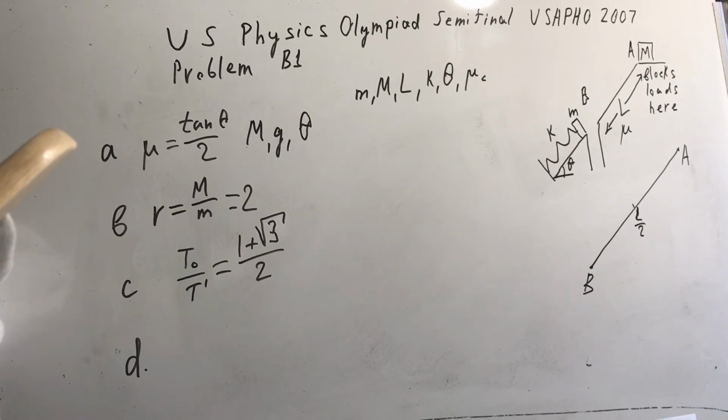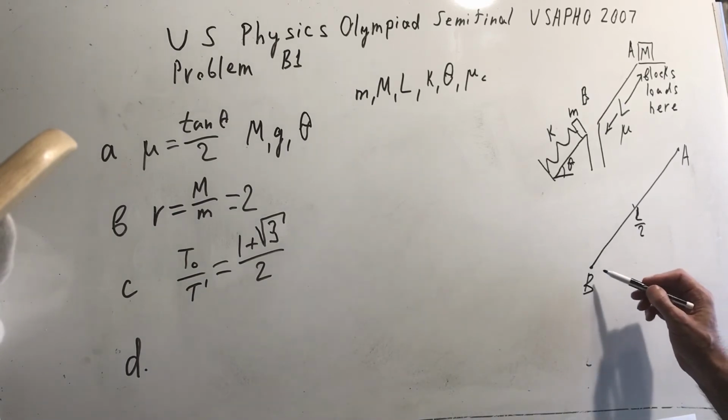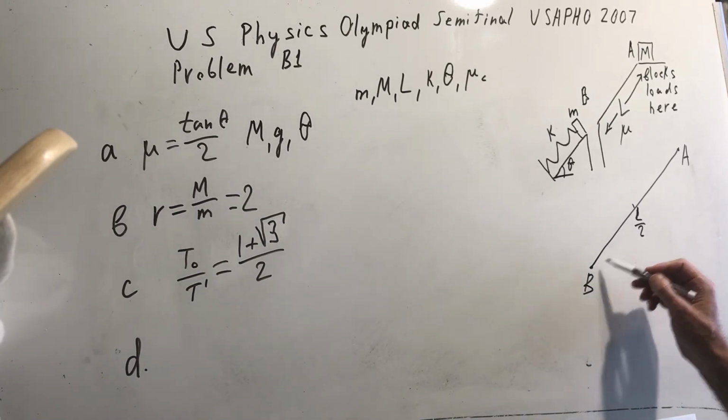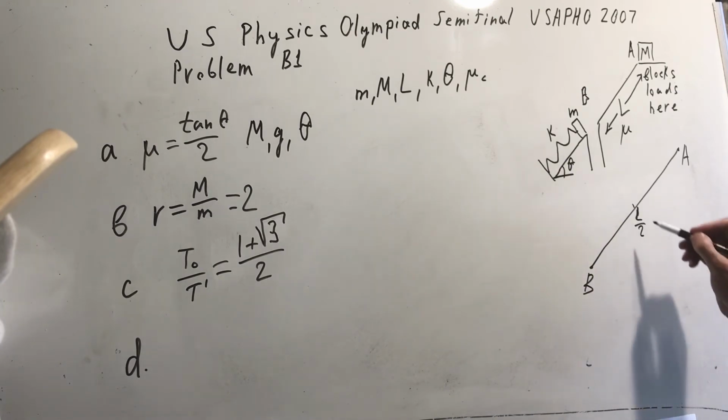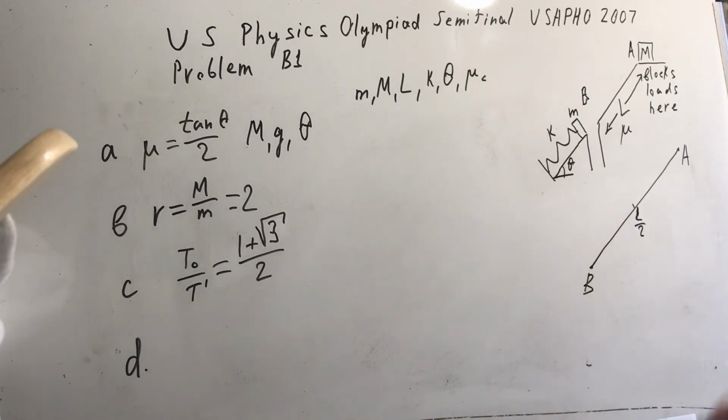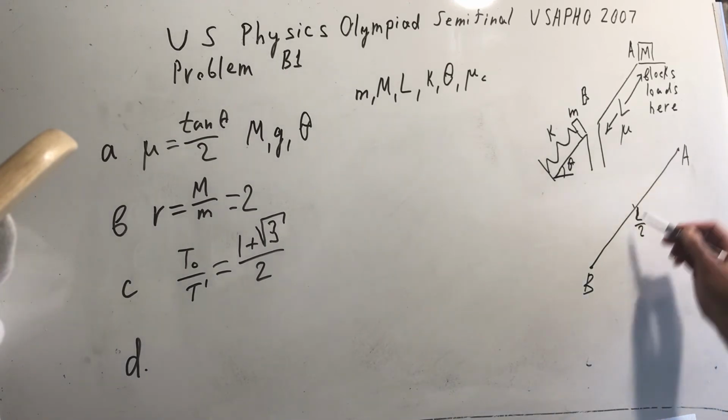So, as I mentioned in part C, motion from point B to point A is a simple harmonic motion. It means that for this way the point of equilibrium is right in the middle, L over 2 from point B. But what happens if we are moving down?